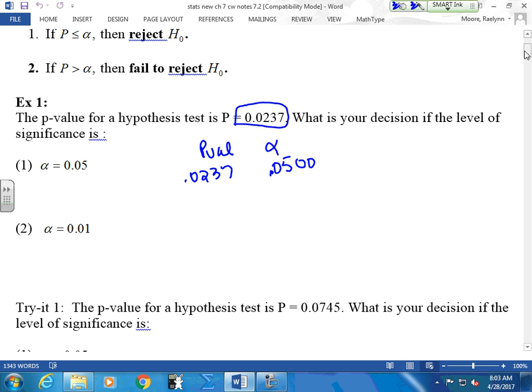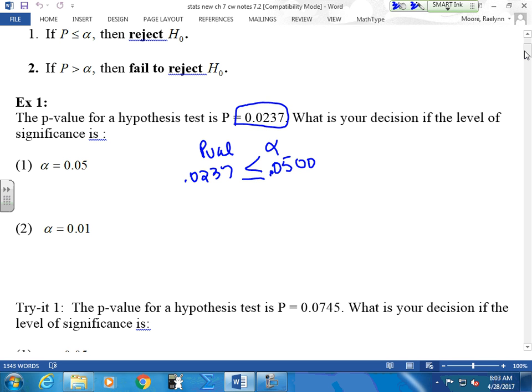Now, when I compare my numbers, I'm just going to compare them without the decimal. Which is smaller or larger? 237 compared to 500. 237 is less than or greater than 500? Less than. The less than gets the equal sign.